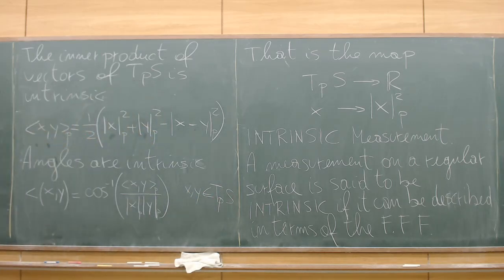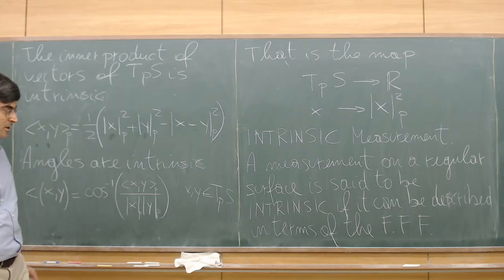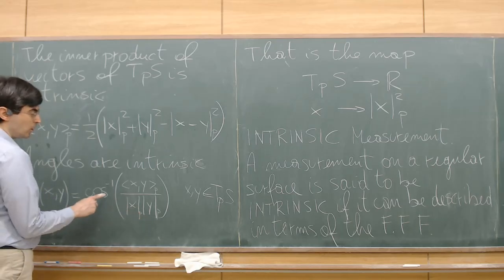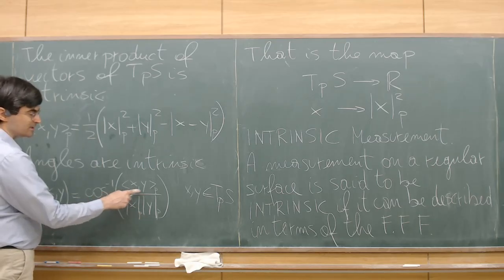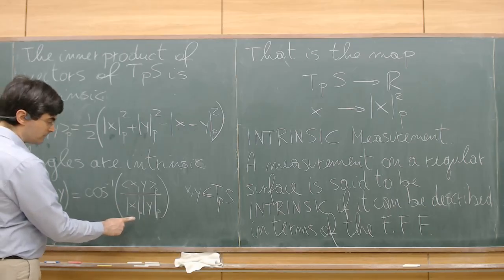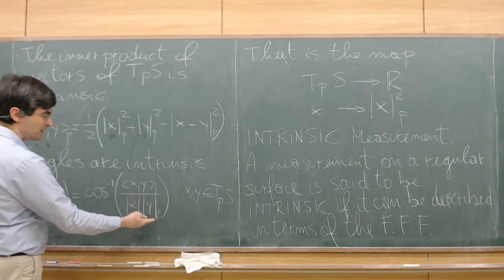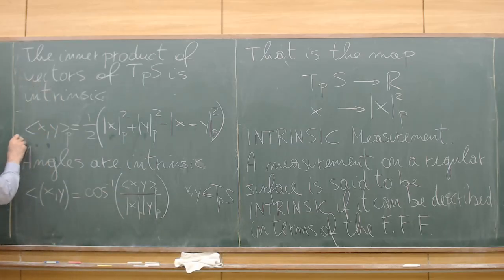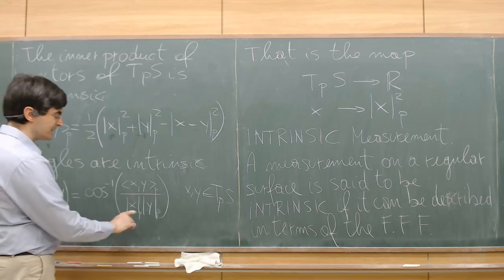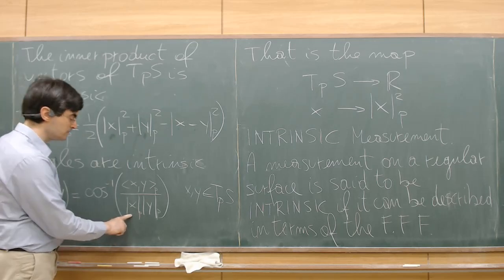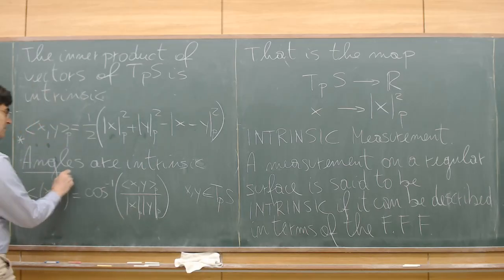So I was able to write the formula for the angle between two vectors in TPS as a function of the inner product restricted to TPS and the norm function restricted to TPS. Now, if you use again this formula and the fact that the norm can be written as the square root of the first fundamental form, you prove that this statement is true.